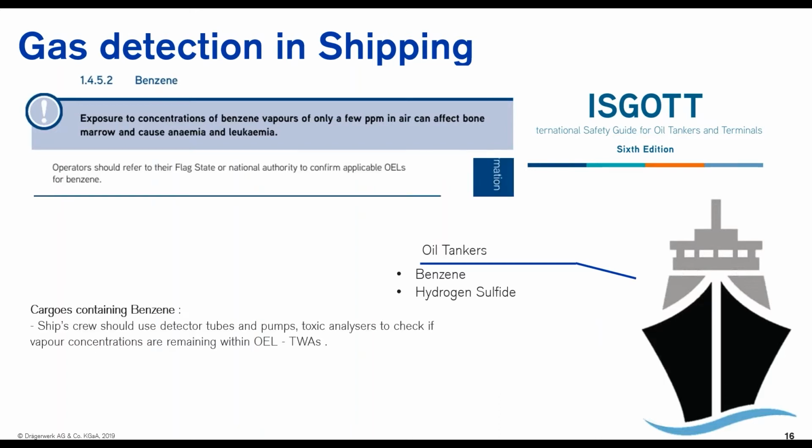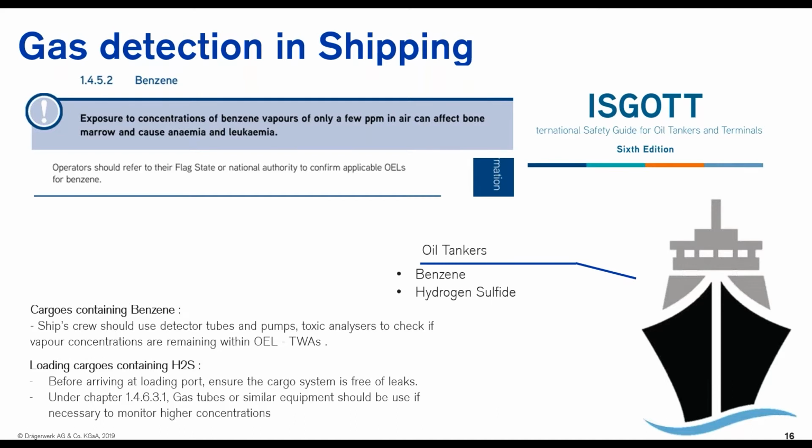For cargoes that contain benzene, crews should use detector tubes to check benzene concentration to determine if it is safe for exposing the workers during operations such as loading and discharging. The crew should ensure that the space is within the OEL, and operators should refer to the flag state or the national authority to confirm the applicable OEL for benzene.